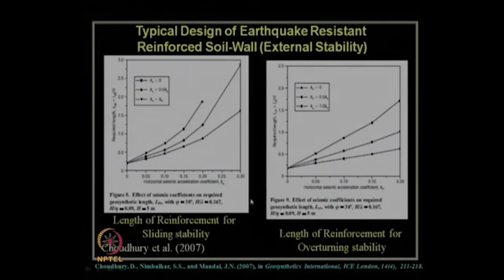So, finally, when we are designing the reinforced retaining wall to withstand earthquake, what should be our final recommendation? The strength of the reinforcement material, we have to ensure from the value of Tj, from the proposed design chart of the seismic reinforcement strength from internal stability criteria, and how much length of the reinforcement to be provided should be considered from three criteria, that is pull out criteria in terms of internal stability, then sliding failure criteria of external stability and overturning failure criteria of external stability.